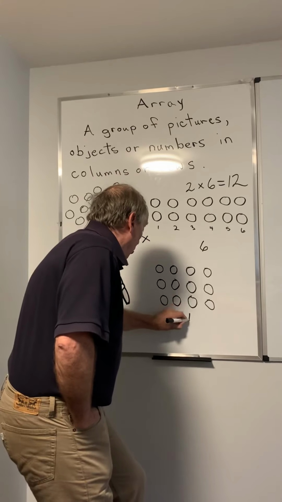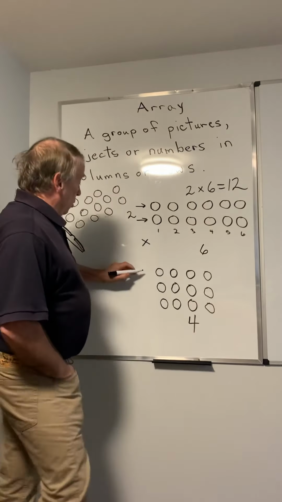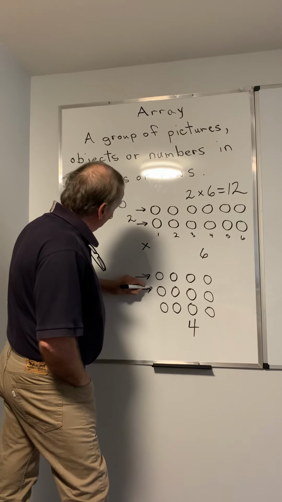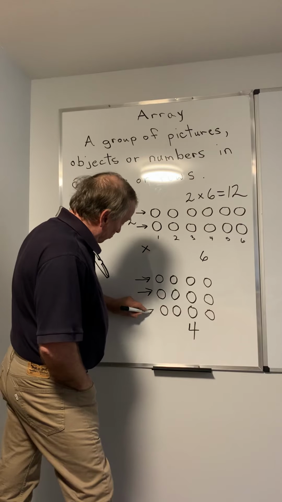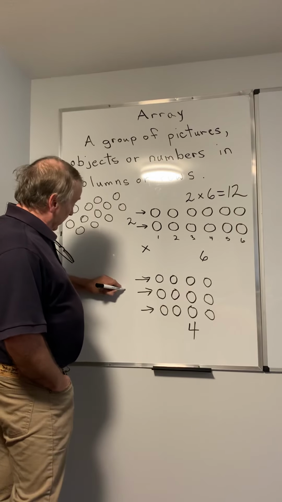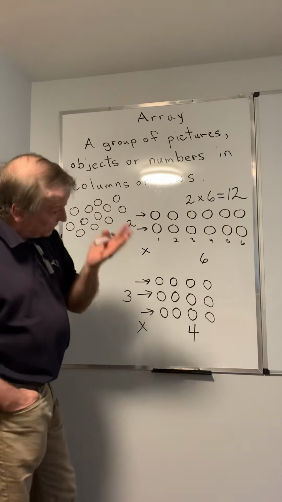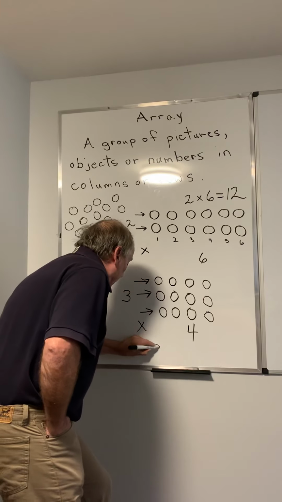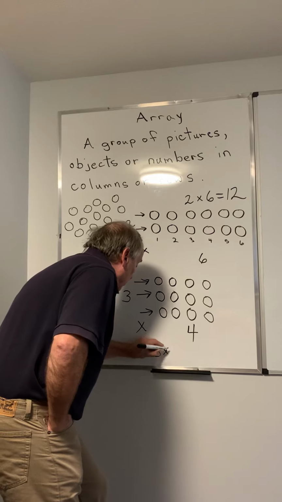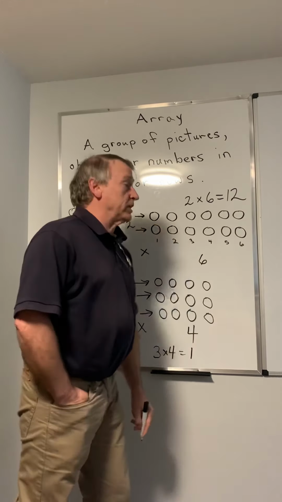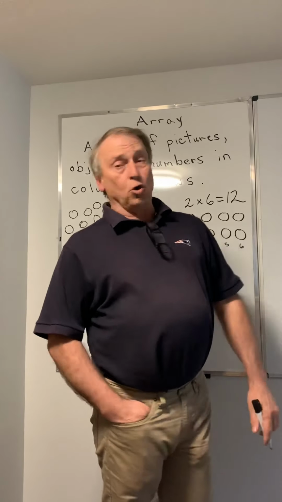So that's 4. And we got 1 row this way, 2 rows this way, and 3 rows this way. So that's 3 by 4, or else we could say 3 times 4, and 3 times 4 equals, how about Chloe?